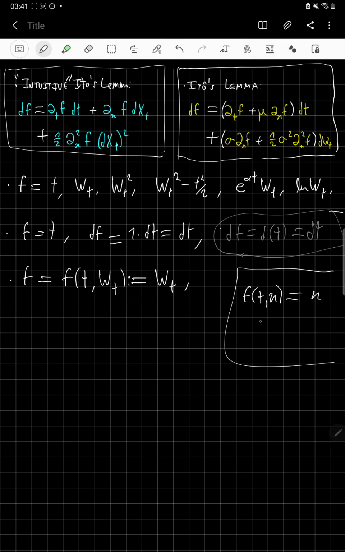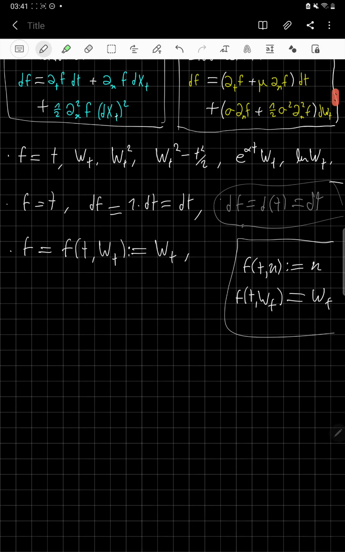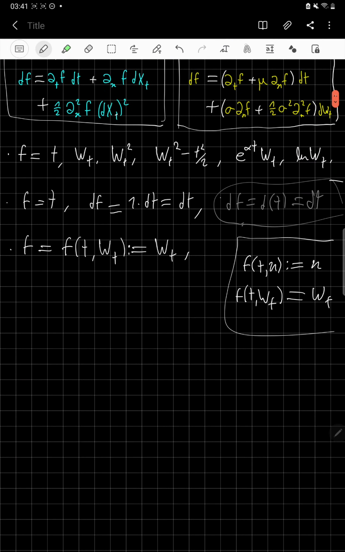So when we apply this to f(t, Wt) and evaluate it, this is just the definition, it's what we define it as. That's why what we're saying is mostly well defined. We're going to hide this again and put it to the side.